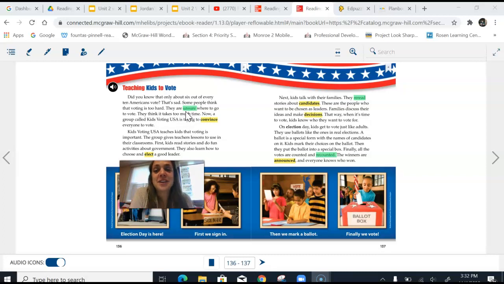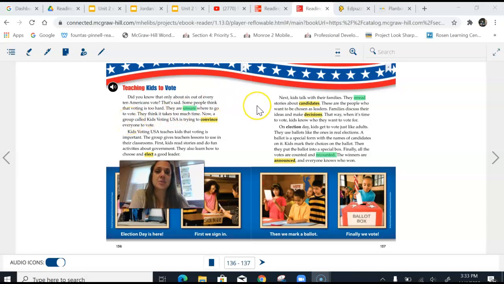When we add the prefix un in front of sure, it means not sure. I am not sure, or I am unsure whether or not you're enjoying this video. So I just looked inside of this word to identify the base word and the prefix to determine the meaning. So they are not sure, or they don't know where to go to vote.